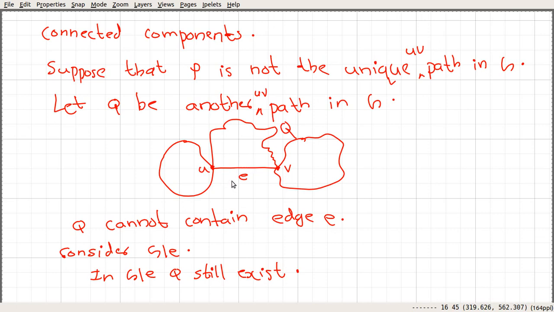Let's see how that can be done. Q cannot contain edge E, that's one thing to remember. So we consider this edge-deleted graph G minus E, and since Q cannot contain E, this Q is still in G minus E.